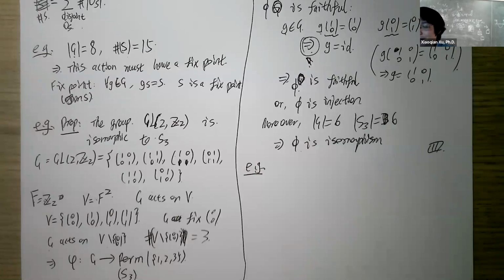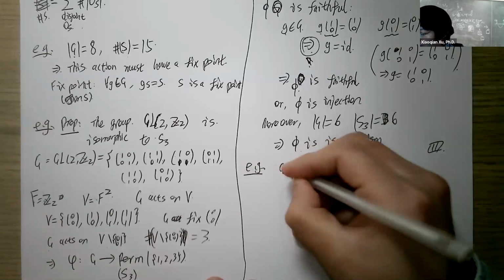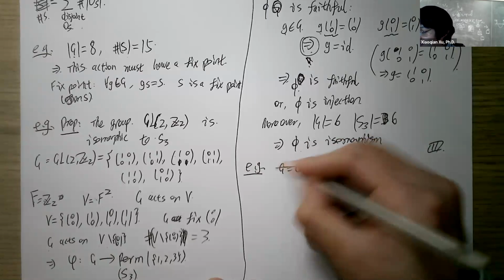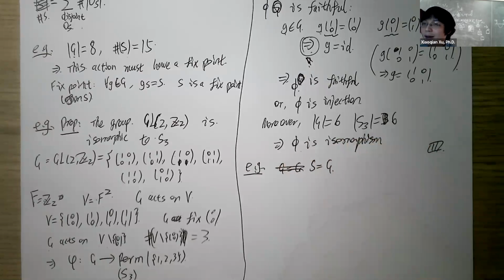Well, another example to apply the idea of group action is, as we mentioned before, you can think of the set S to be G itself, which means you use a group acting on itself.